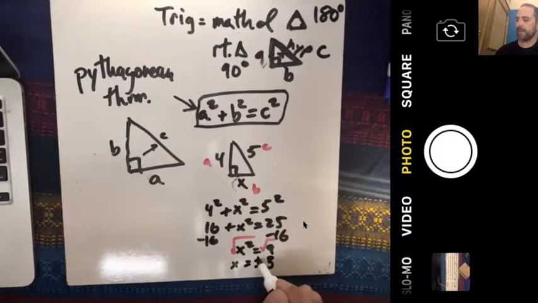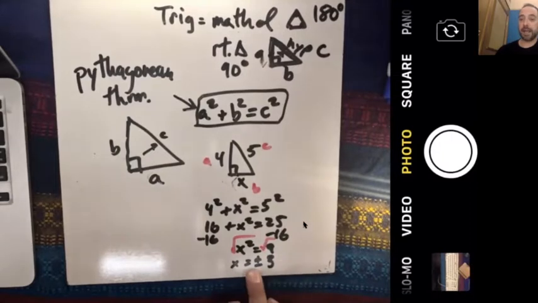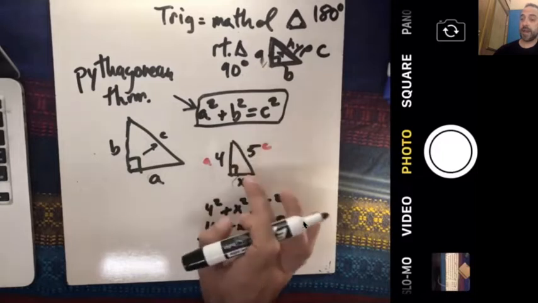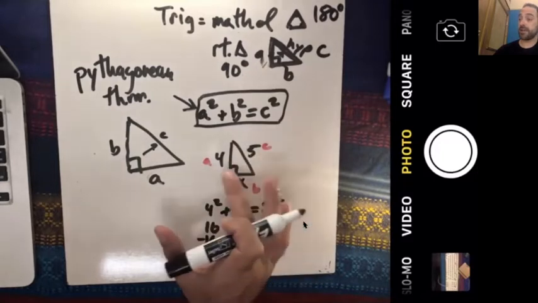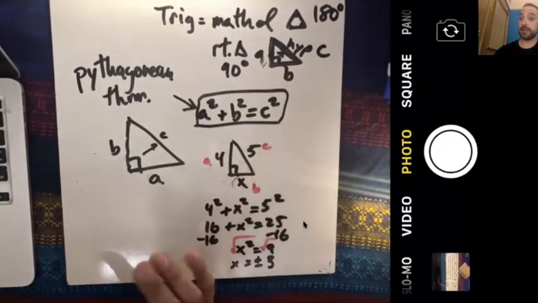Now I put plus or minus 3 because in our definition of taking the square root, remember that the square root of 9 is saying what value times itself gives us 9. 3 times 3 gives you 9. Negative 3 times negative 3 gives you 9. But which of these answers am I going to keep and which am I going to forget about forever? Think about it. We're talking about lengths. These are shapes. This is size. You could actually cut this out with a piece of paper and look at it, touch it.